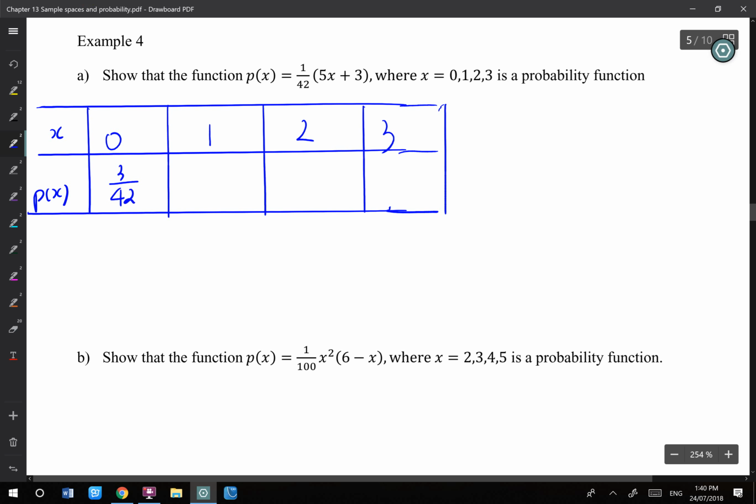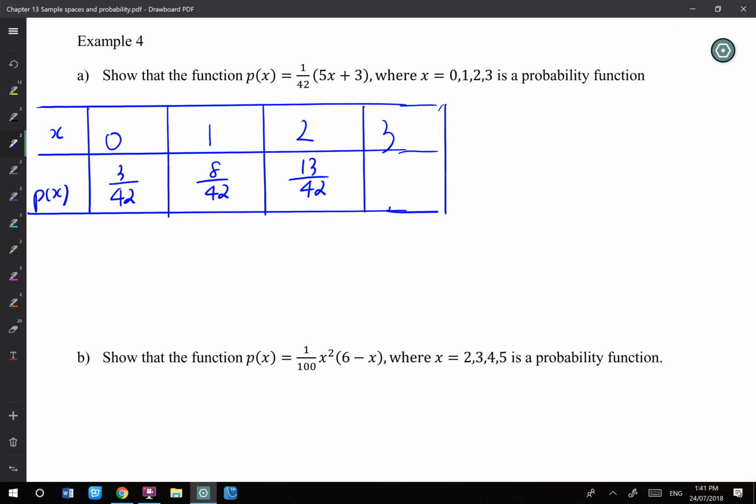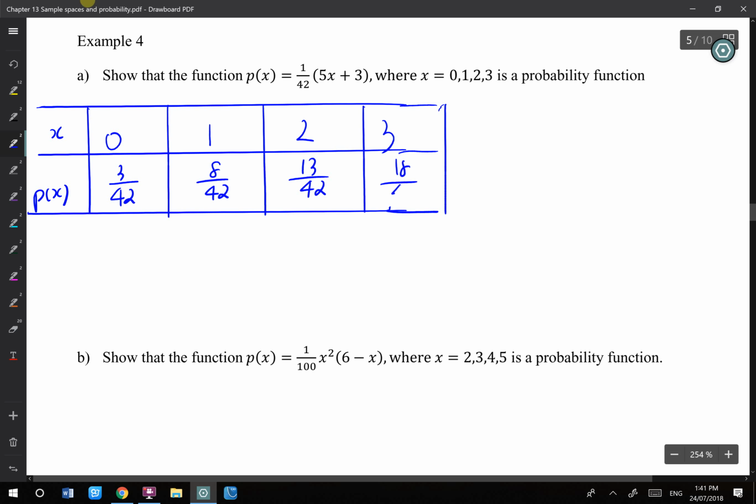I know I can simplify it, but just leave it as this for a second. Sub 1 in, I have 8 over 42. Sub 2 in, 13 over 42. And 3 in is 18 over 42.